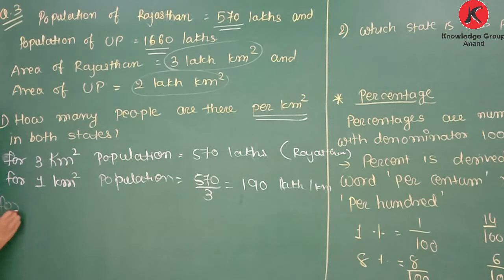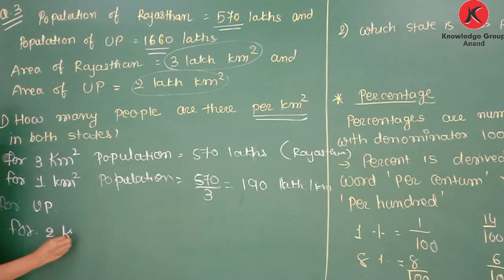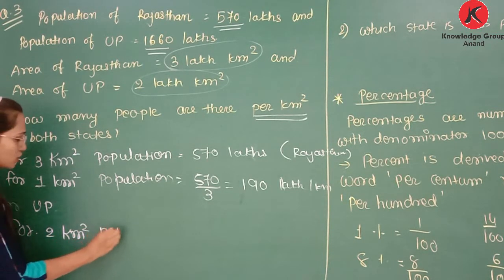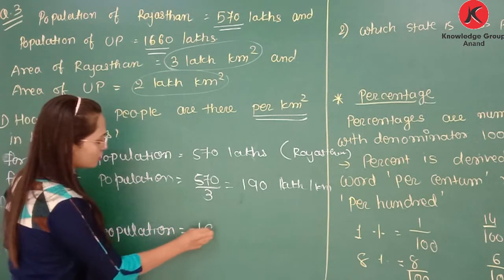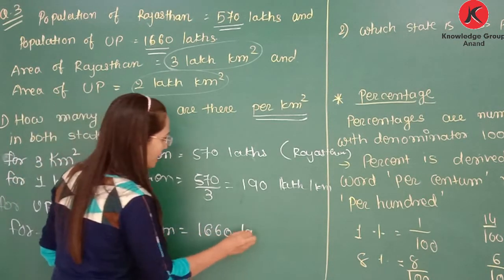Now for UP, for 2 lakh kilometer per square, population is 1616 lakhs.